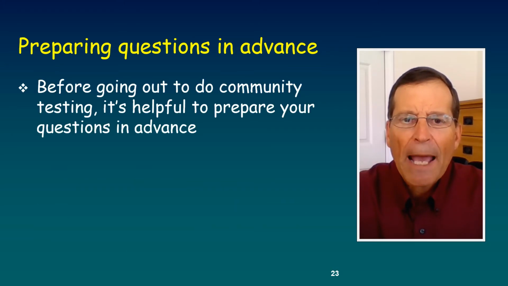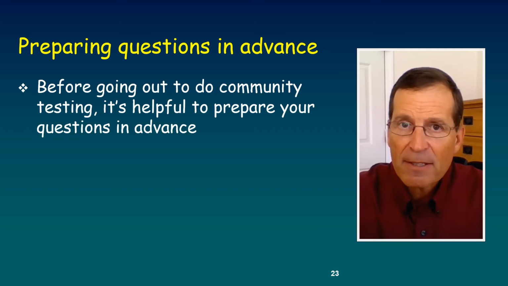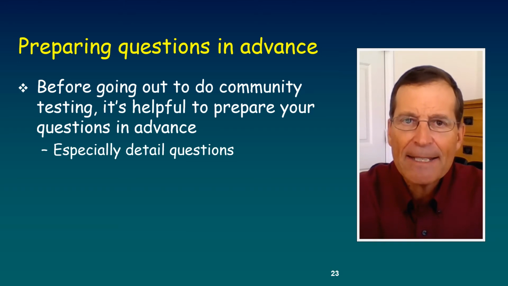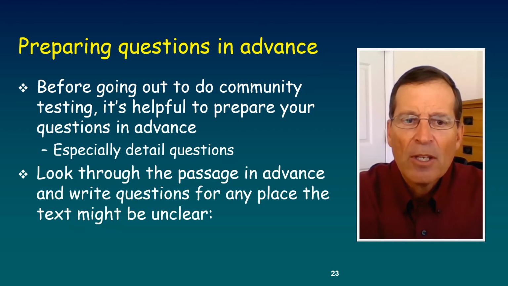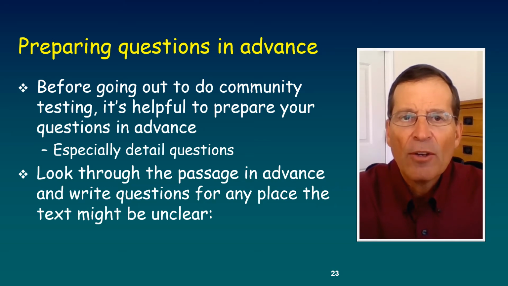Now, before going out to do community testing, it's helpful to prepare your questions in advance, and especially the detailed questions. So look through the passage in advance and write questions for any place the text might be unclear.